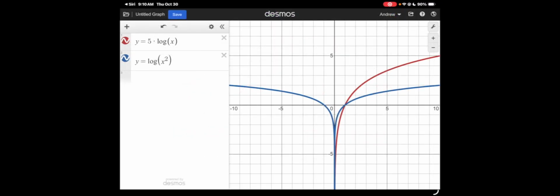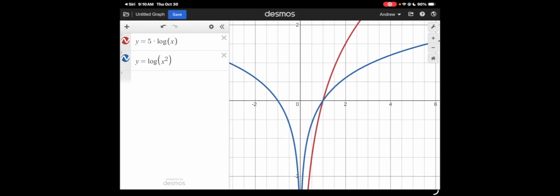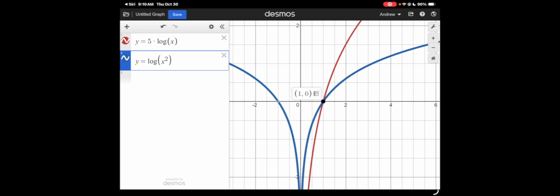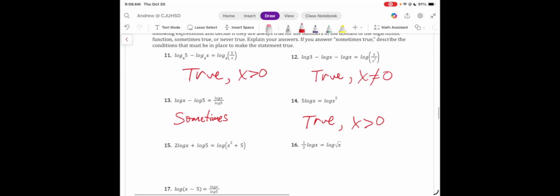Here I am over on Desmos, and this is problem number 14. I put the left side of the equation equal to y. I put the right side of the equation equal to y. If you look at where these two cross each other, they really only cross each other in one spot. You can see it's right there, so it's sometimes. 15 is also sometimes true.